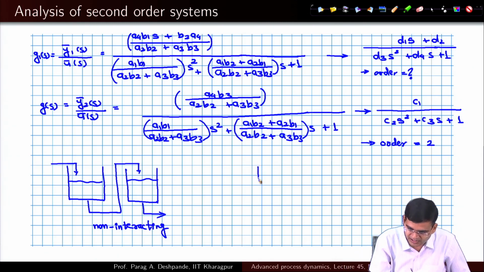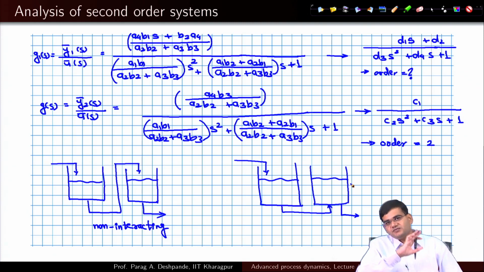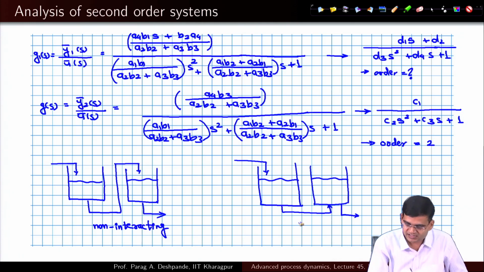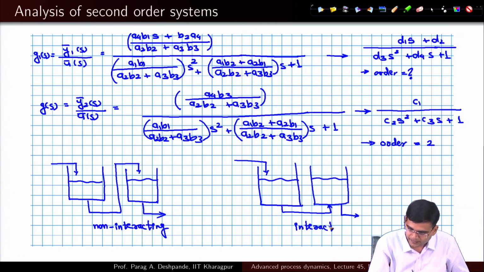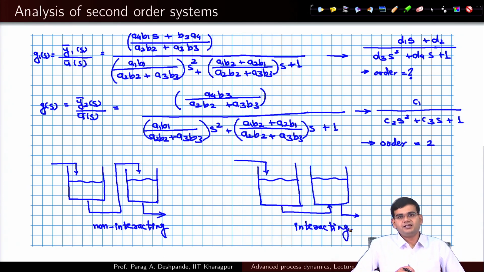Now, on the other hand, you have a system like this, where the dynamics of the second tank is affecting the dynamics of the first tank, and therefore, this is called an interacting system. Okay. And the transfer function form is very different.